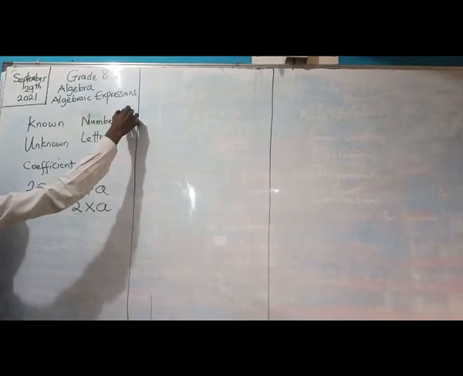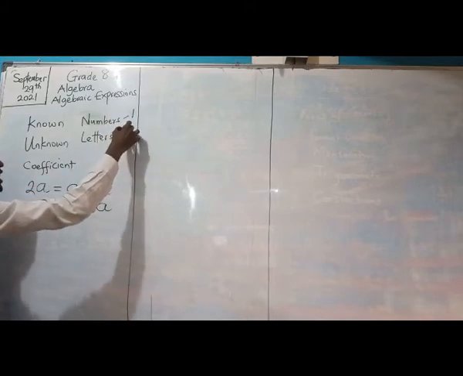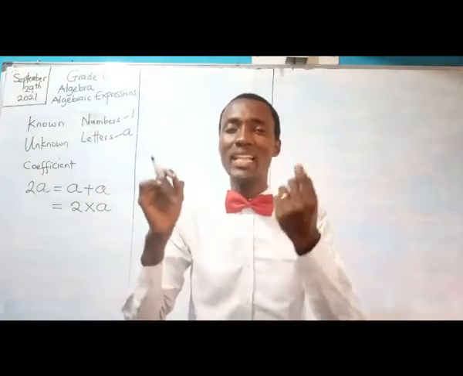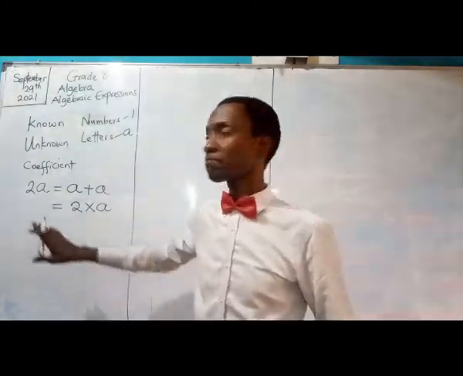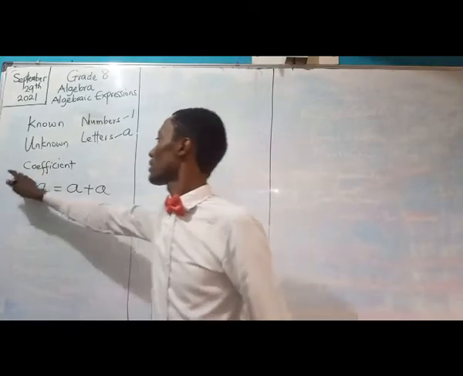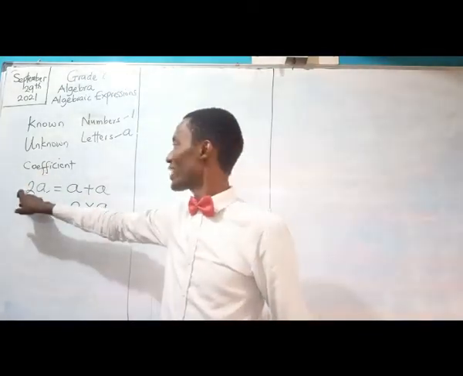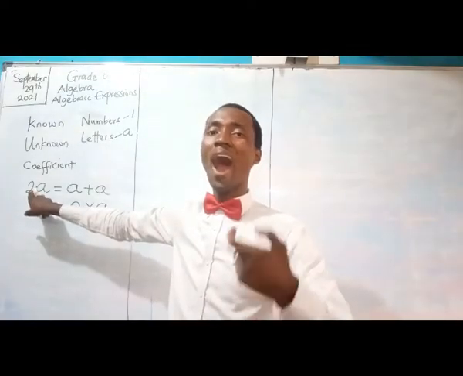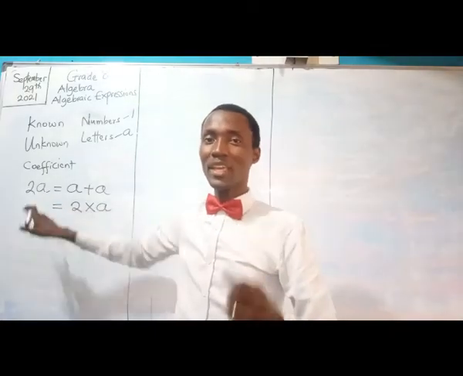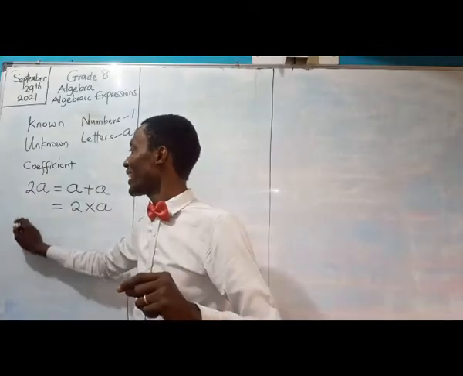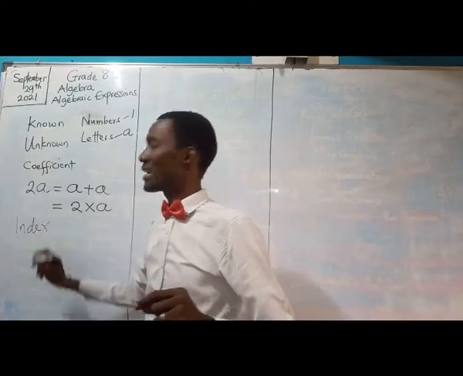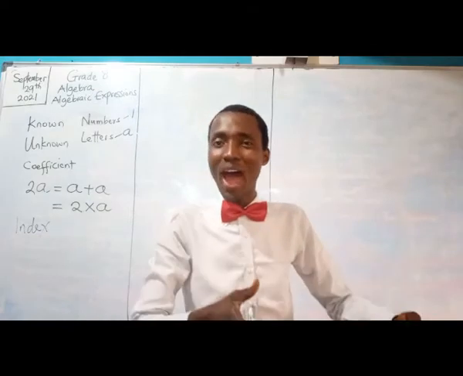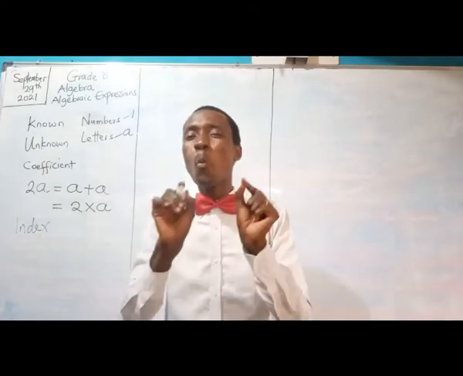So an example here could be 1. An example here could be a letter A. And in mathematics, we write this in small letters. So coefficient is a number that gives us an idea of how many times an unknown or a letter is being added. It's different from when we talk about an index. An index gives us an idea of how many times a number or a letter is being multiplied.